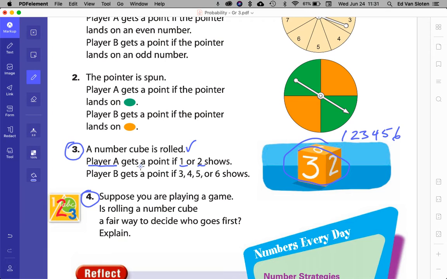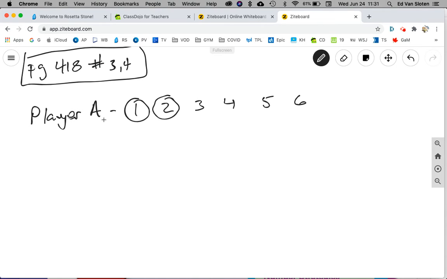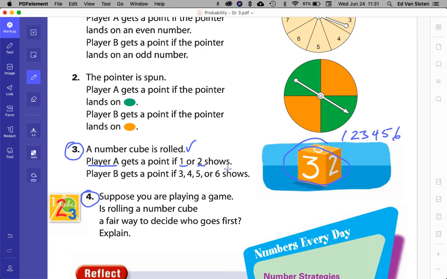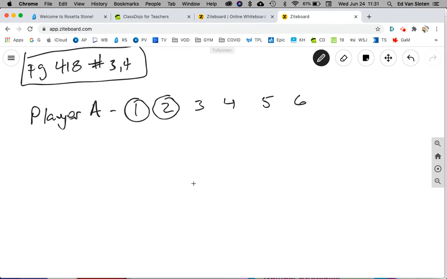So the trick is to put this sentence into something that you understand. And I understand this. Player A, 1, 2, 3, 4, 5, 6, gets a point. I circled the 1 and 2. Player B gets a point if 3, 4, 5, or 6 shows. Well, that's not fair.